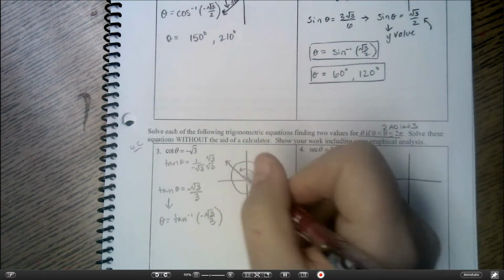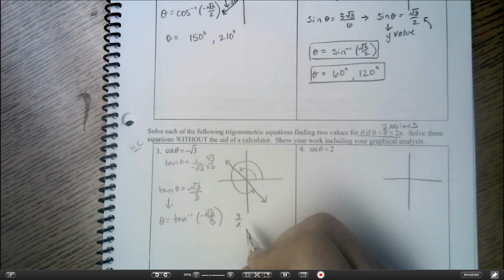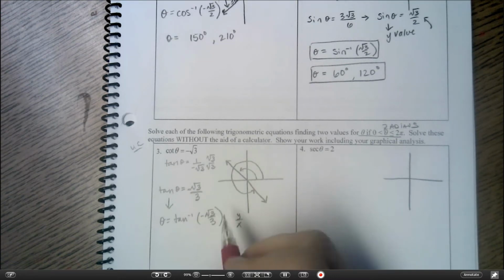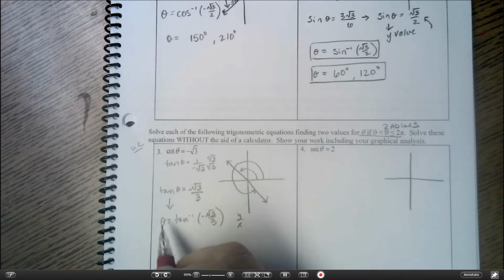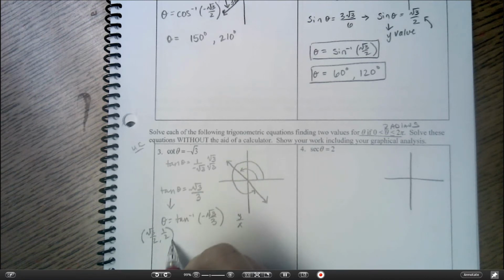So we need to find our reference angles. Remember that tangent is y over x. There's a couple of ways to do this. We can look at the obvious ones, where we have the two possibilities of being rad 3 over 2 comma 1/2, or 1/2 comma rad 3 over 2.